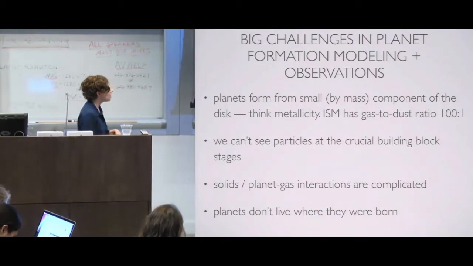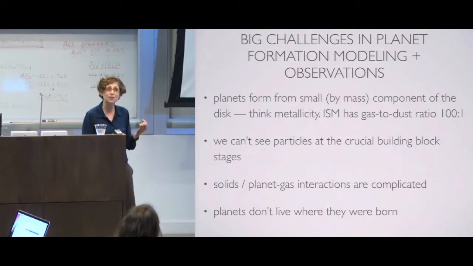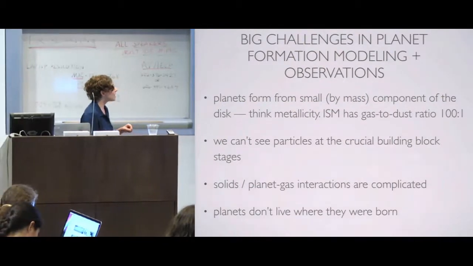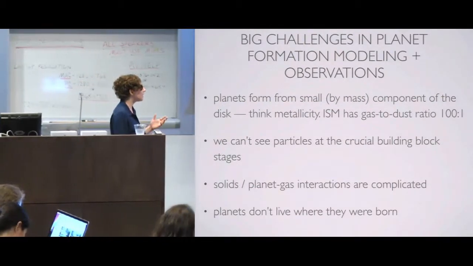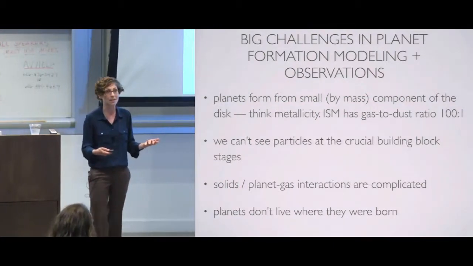On top of that, solid and planet gas interactions are quite complicated. So there's a lot of different pieces of physics we have to keep in our heads as we're trying to understand these models. And perhaps most confoundingly, planets are not well behaved and they don't live where they were born necessarily.